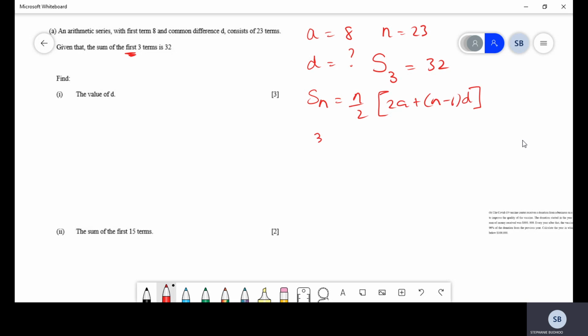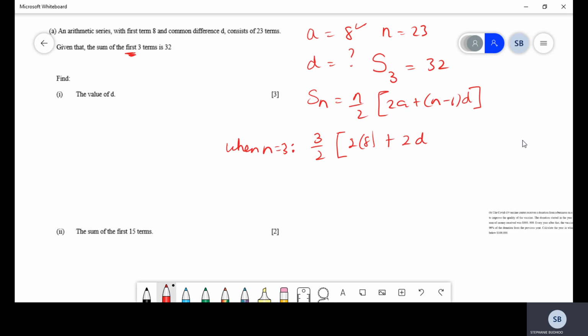So they would have had 3 over 2, open brackets, 2a, a has a value of 8, plus n minus 1. Now, in this case, n is 3, so n minus 1 d is 2d.